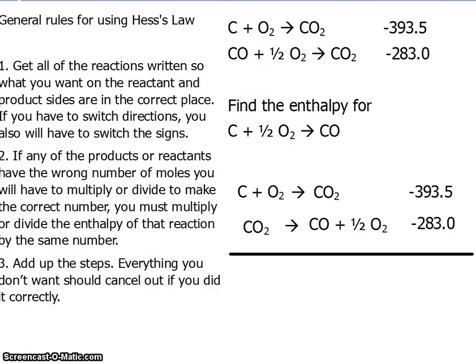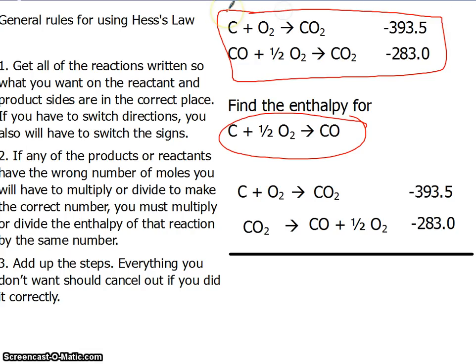So again, we want to get this reaction right here. We want to know what its enthalpy change is. We've found these in a book. And now we want to look at, well, how do we combine those to get what we need? So the first thing we want to do is look at what side things need to be on.